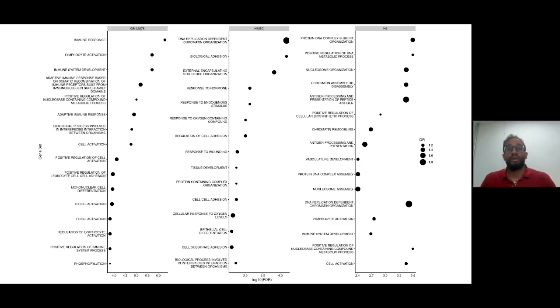In the case of HMEC, which is an epithelial cell line, we tend to find an enrichment in adhesion, wounding, and epithelial function. And in the case of H1, which is a stem cell, we tend to find a sort of housekeeping enrichment, but also for some histone and nucleosome biology function.